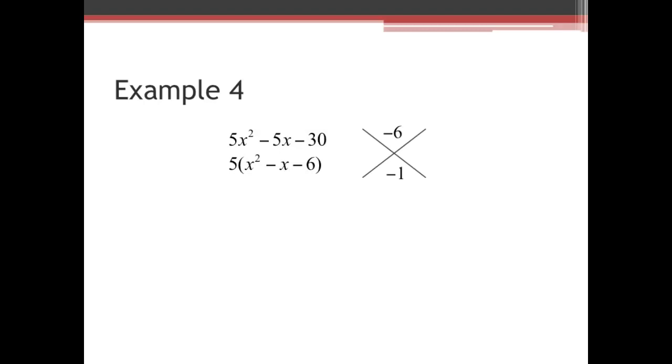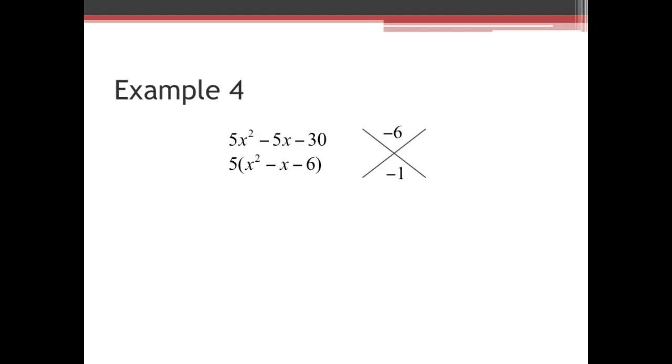Now, because we know that they multiply to a negative number, we know that one of these numbers will be negative. Because we have a negative number that it's going to add up to, we know that the larger number is going to be the negative number.